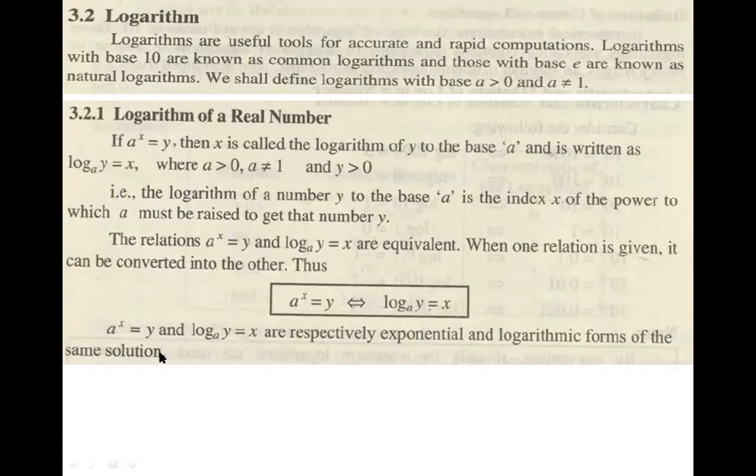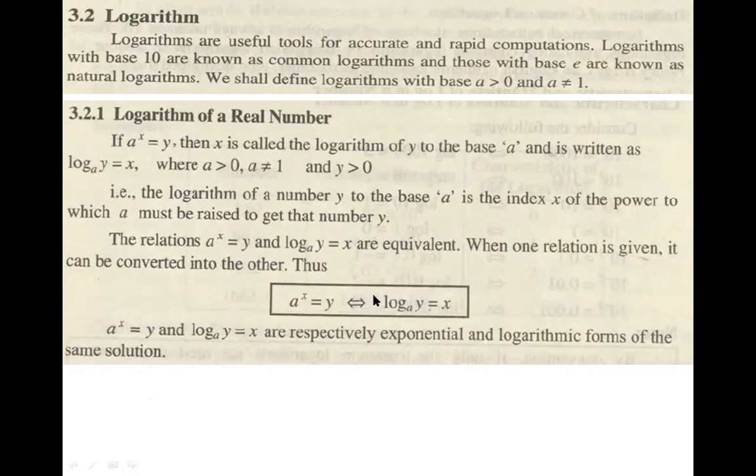So this is what is written: the relation a raised to power x is equals to y and log of y to the base a is equals to x are equivalent. When one relation is given, it can be converted into the other one, just like here. A raised to power x is equals to y. When we write it in the logarithmic form, it will be log of y to the base a is equals to x.